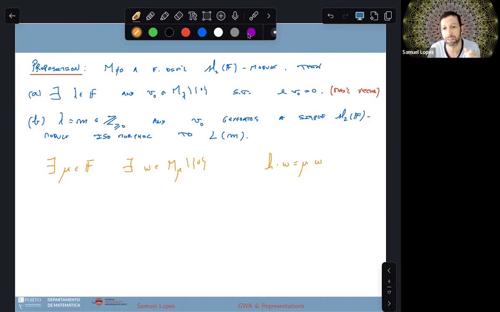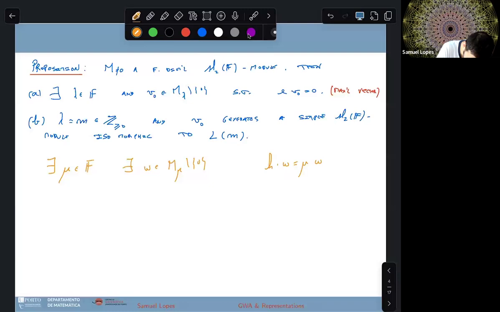But the point now is that I need to show that I have this simultaneously with the fact that the vector is killed by E. Okay, and this is not necessarily true now. Well, what can I say?